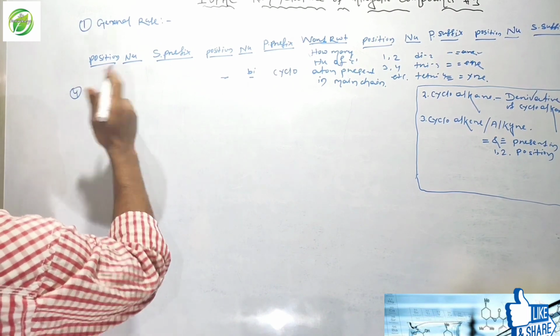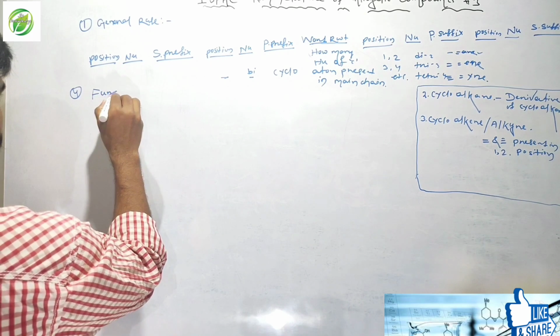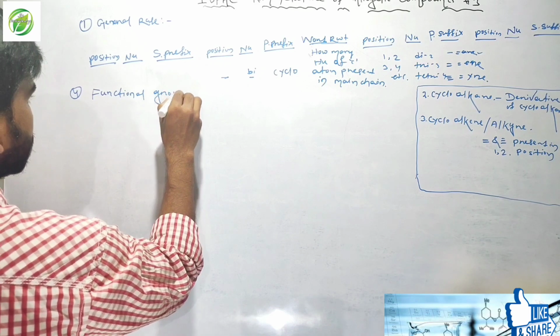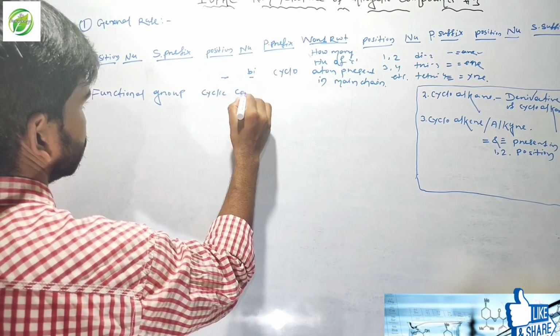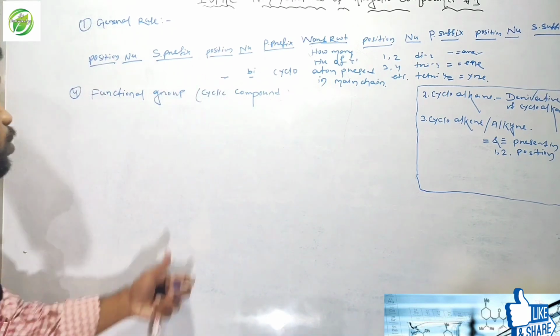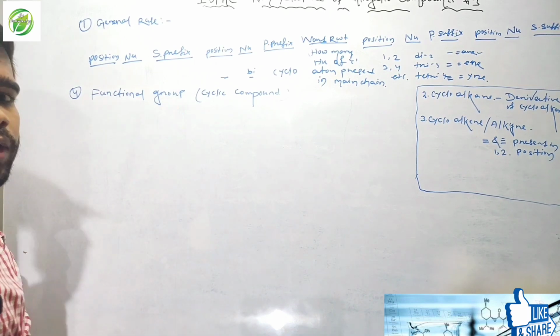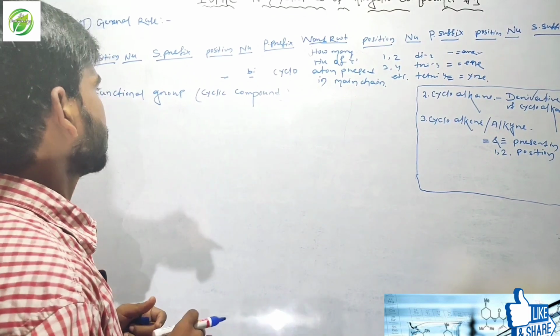Friends, the fourth rule is the functional group of a cyclic compound. Friends, when a cyclic compound contains at least one functional group, how do we write the IUPAC nomenclature of this cyclic compound?